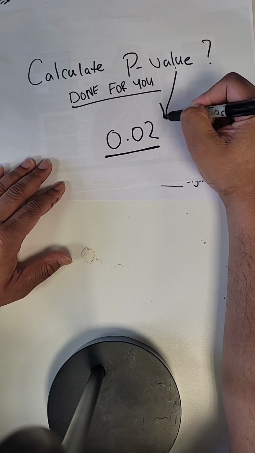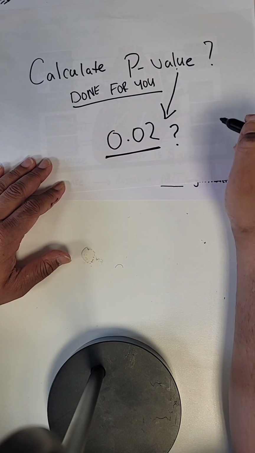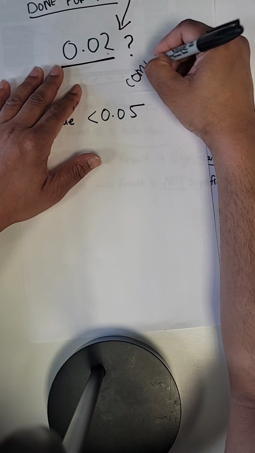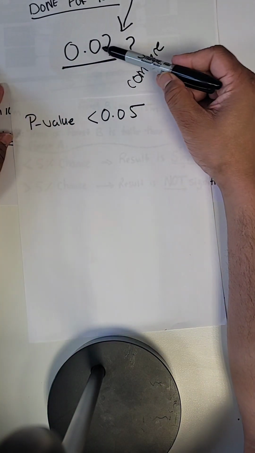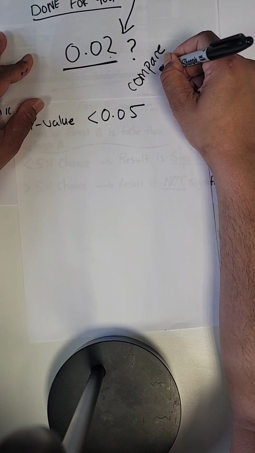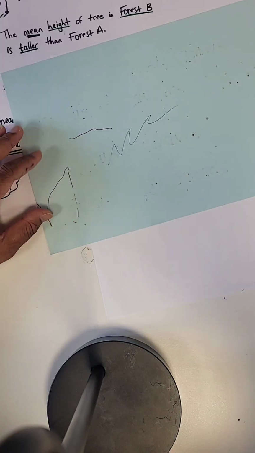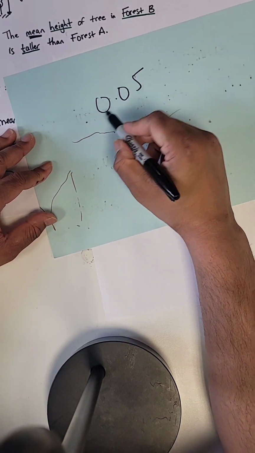That's the p-value we have calculated. We need to compare this with 0.05. That's the standard. We need to say whether it's smaller or larger than 0.05. Very simple. Smaller or larger. Clearly smaller here.